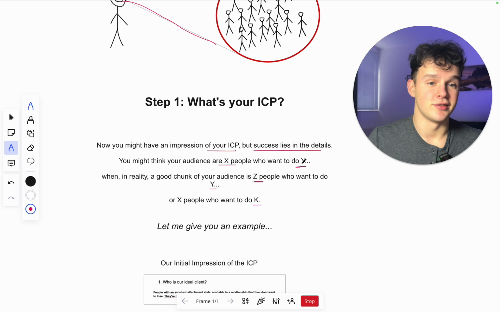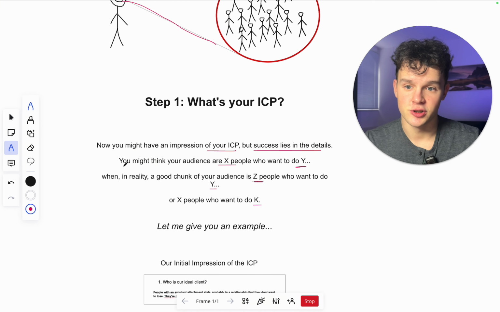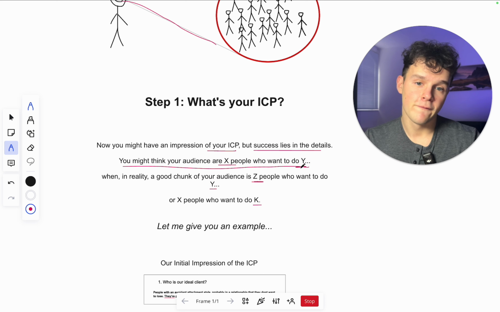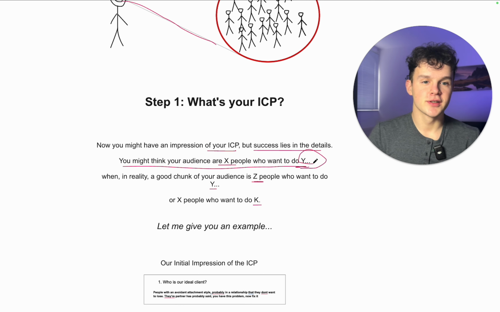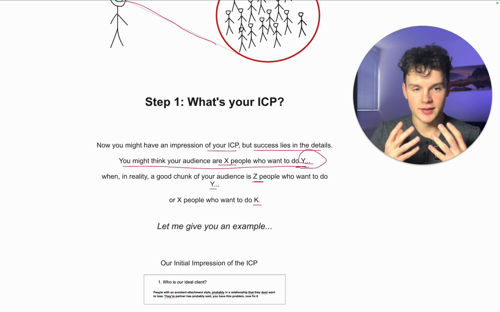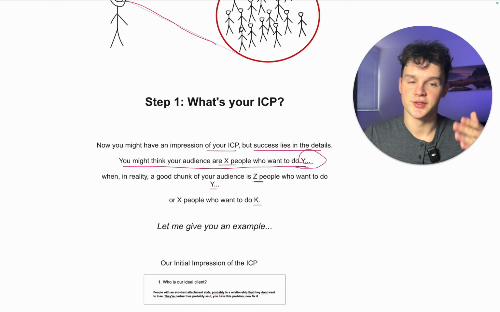Now, you might be asking yourself, how could this come to be? So, for example, in this situation, your assumption, you are focusing on, let's take weight loss, for example. You are focusing on the exact mechanisms that you would be using to get your clients to a certain benefit.